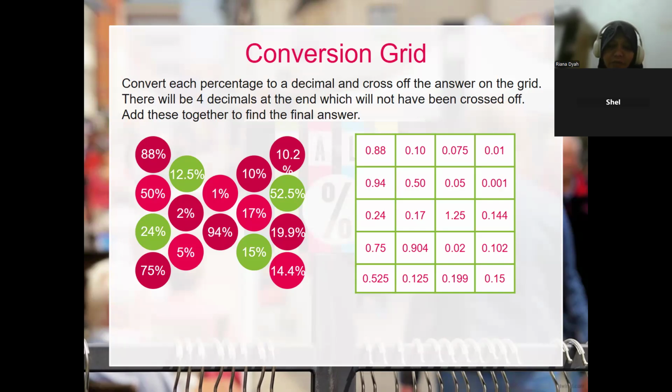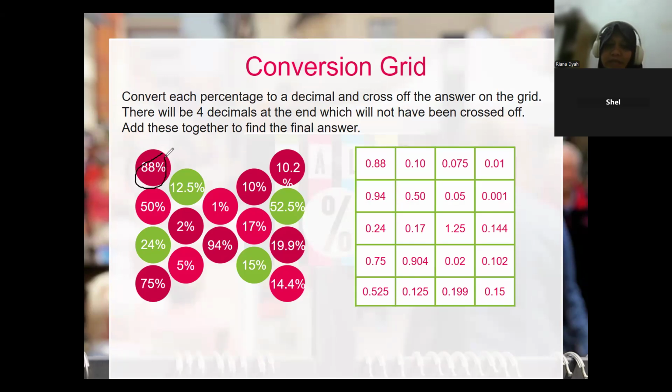Okay, so we're going to start from this. For example, the first one, 88%. You need to find the decimal of 88%. I'm going to give you the example. This is going to be 0.88.